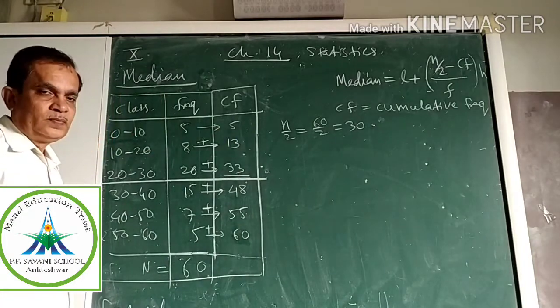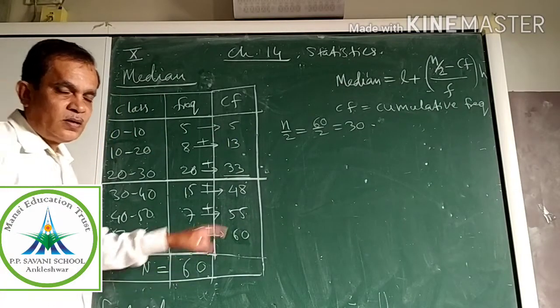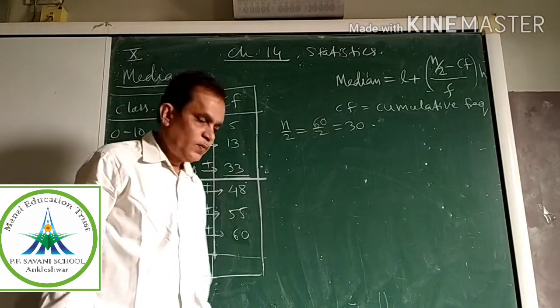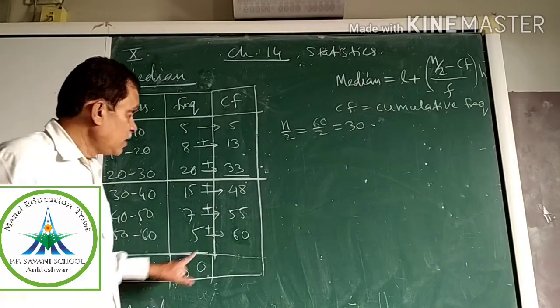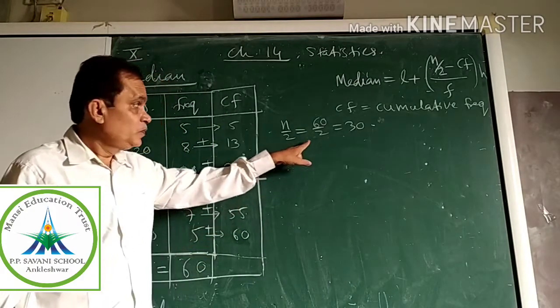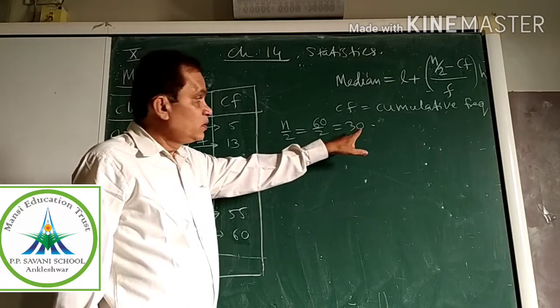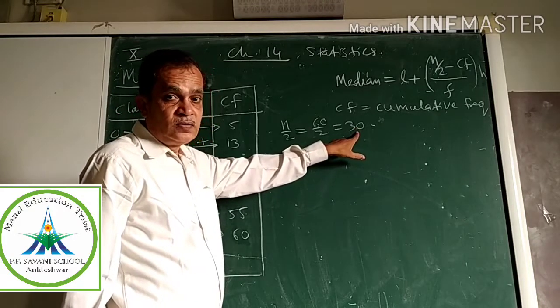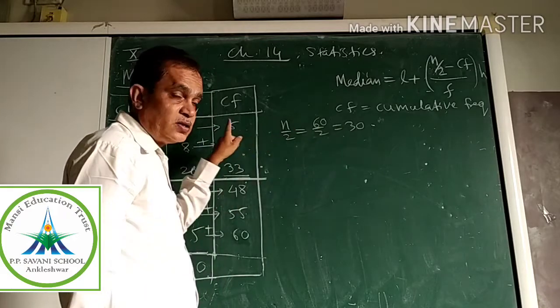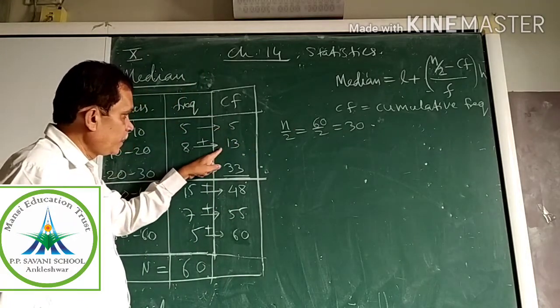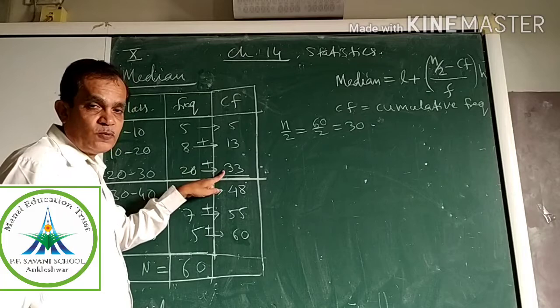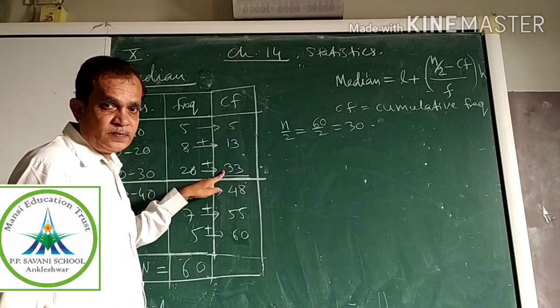Clear? Understood? First find N by 2, that is 30. Now take the value slightly more than 30 in the CF column. Slightly more than 30 is 33.